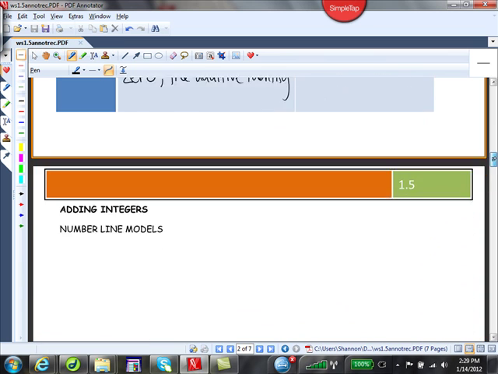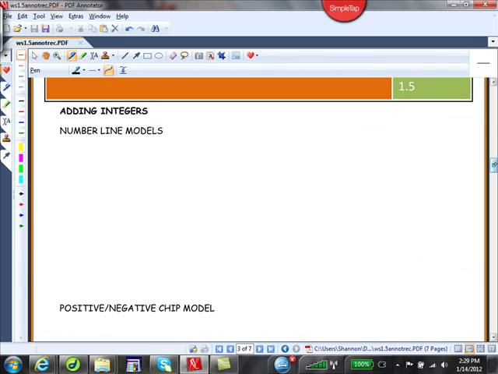Okay, so here we go. Adding integers. There's some different models for adding integers, right? So let's just say that the integers that we have are a plus b.